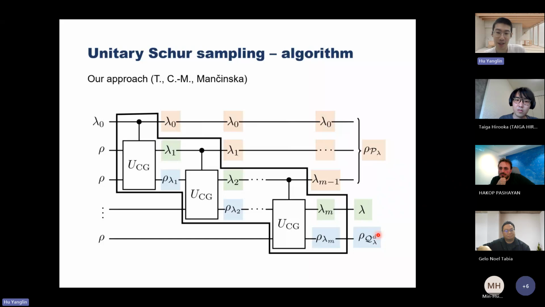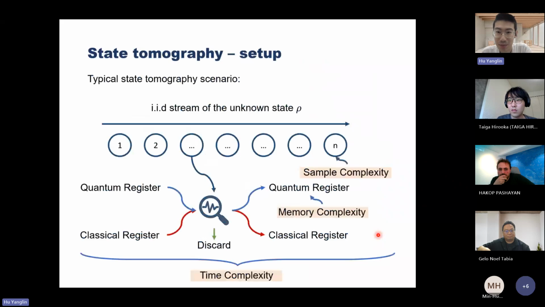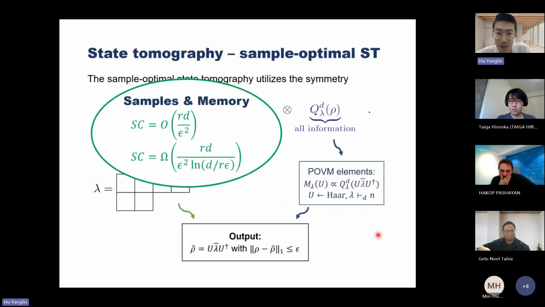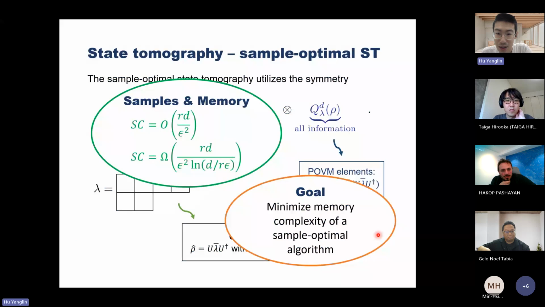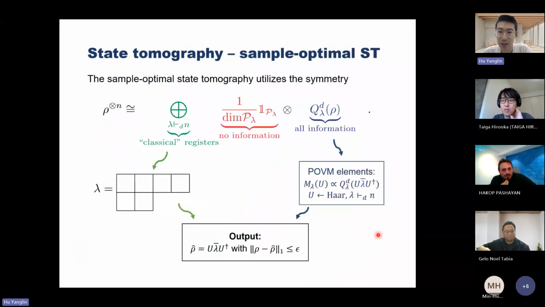So you can use the group structure so that you know more about it. Maybe I will go to the POVM element to illustrate more. Basically you perform this POVM element. So this POVM element means you know the spectrum. That's right. You know the spectrum, right?